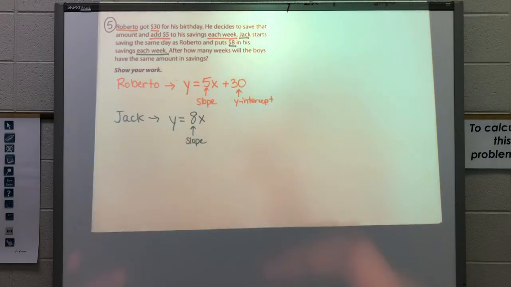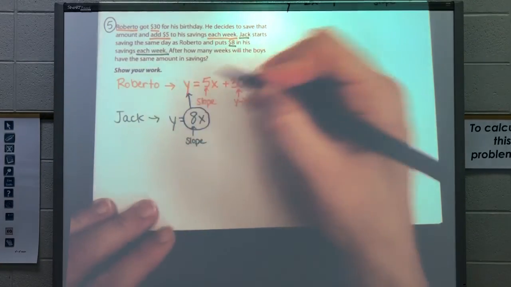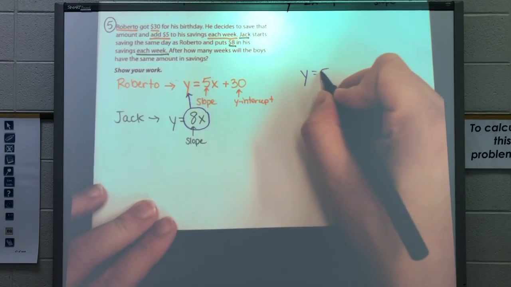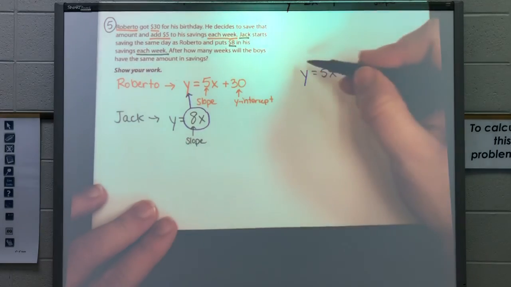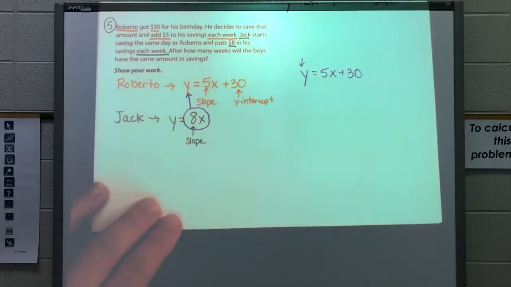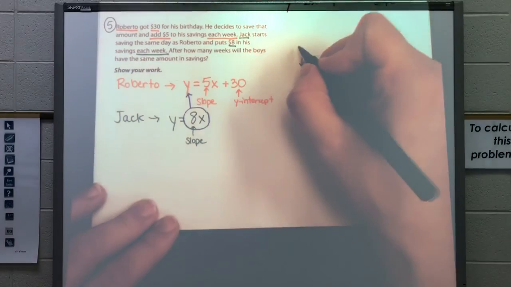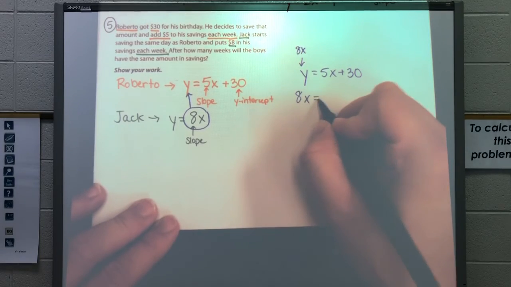So when I take this equation and plug it into y, we have y equals 5x plus 30, and instead of y, I always say we put our y value there. Well, our y value here is 8x. So this is how it's going to work.